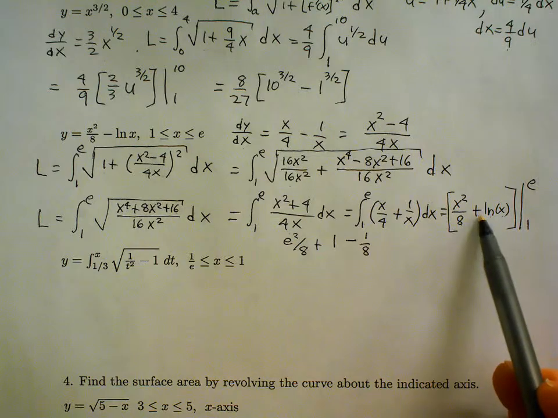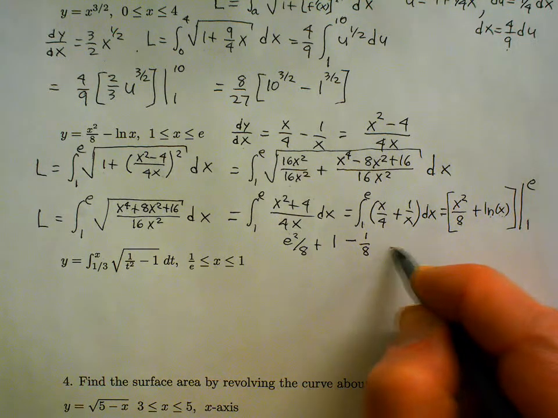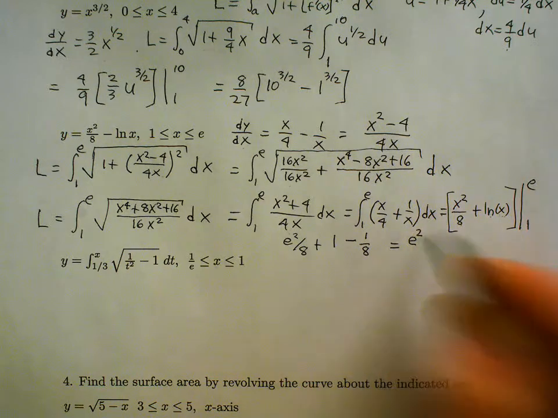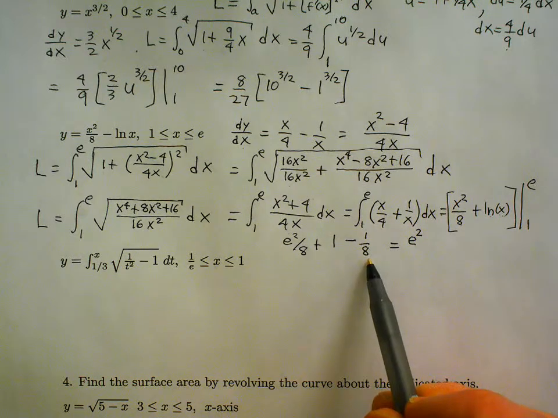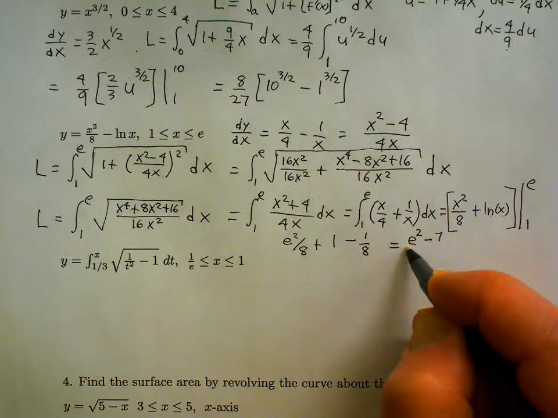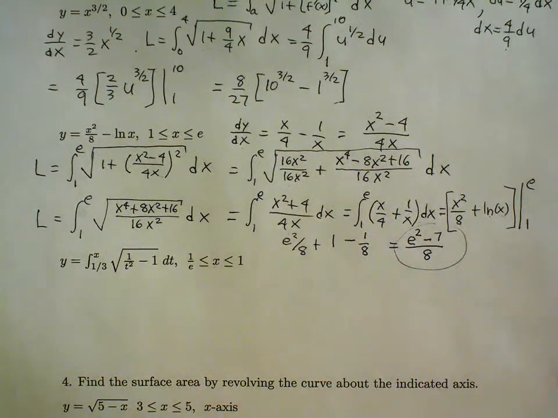And we subtract the natural log of 1, but the natural log of 1 is just 0. So we can write this as e to the second, 1 minus 1/8 is 7/8, so e to the second minus 7, all over 8, for the arc length.